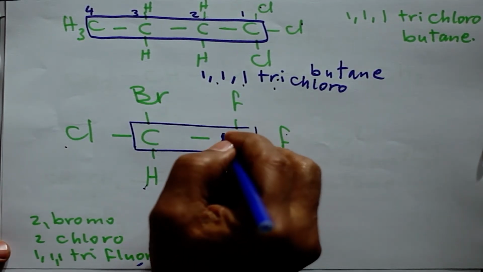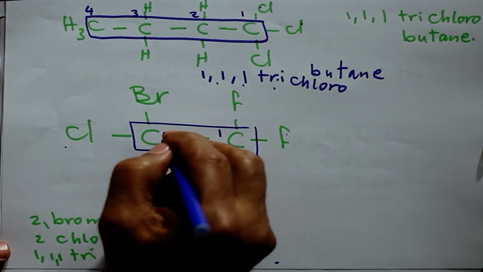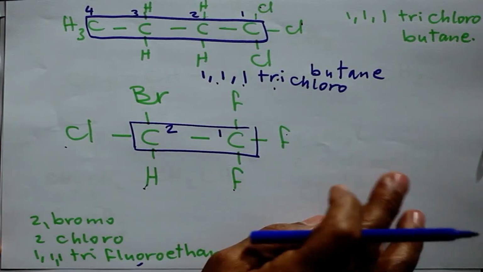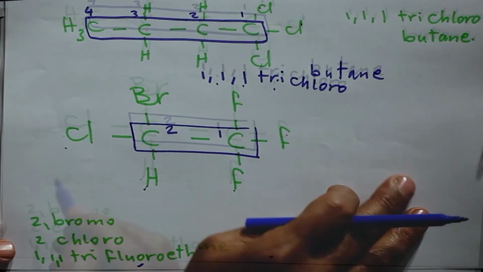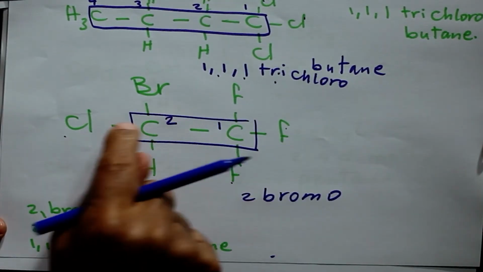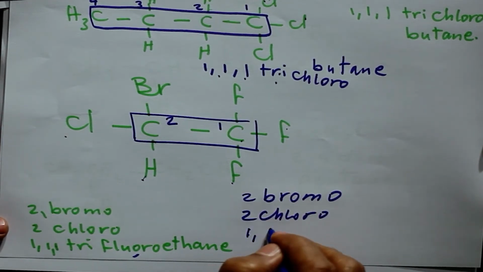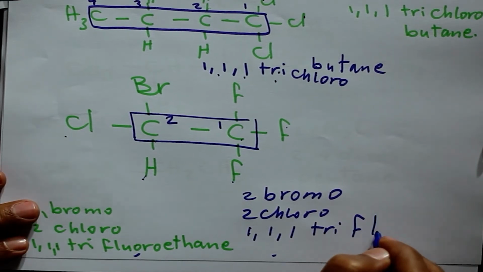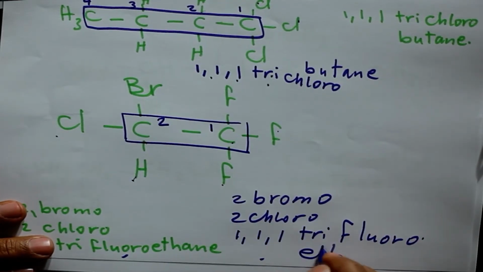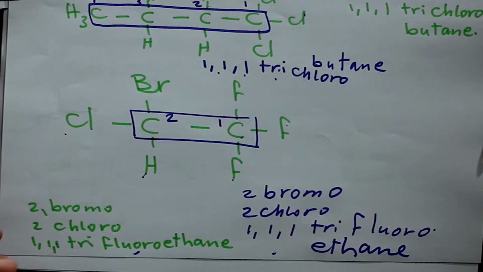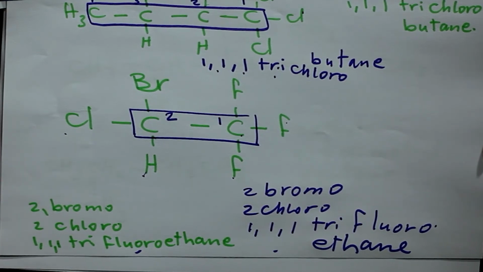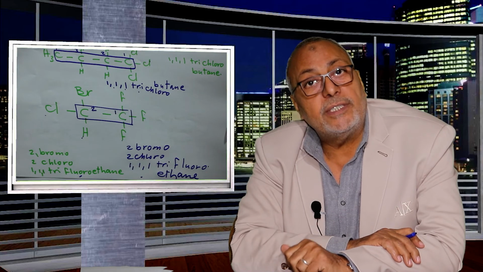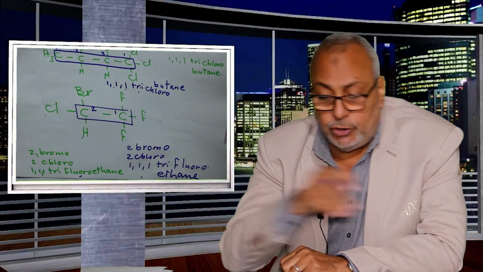So we consider 1, 2, and we arrange according to alphabetic order: 2-bromo-2-chloro-1,1,1-trifluoroethane. We must write the branches first, then we write the longest continuous chain which we chose.